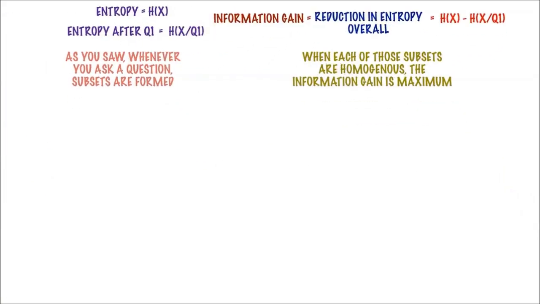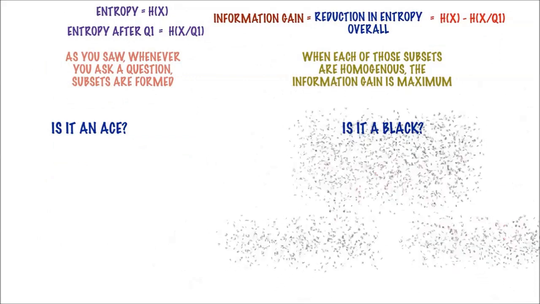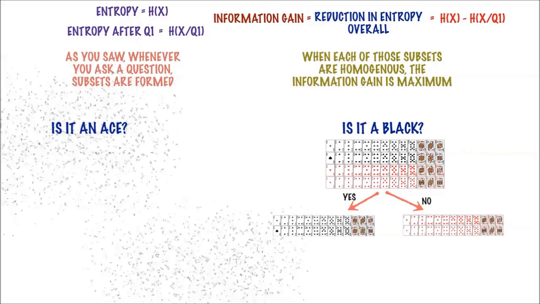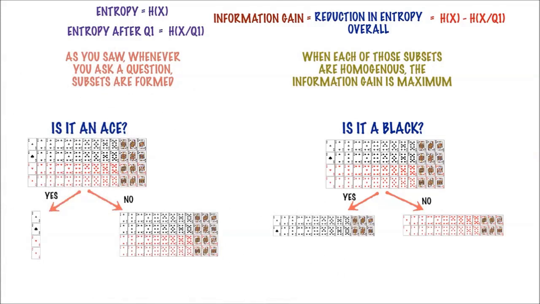Let's take a look. Suppose you had asked, is it a black card, versus if you had asked, is it an ace? If you ask the question, is it a black card, in both cases, both subsets, you're left with 26 outcomes, and both of those subsets are very homogeneous. In one case, you have all blacks and in the other, you have all reds. On the other hand, if you ask the question, is it an ace?